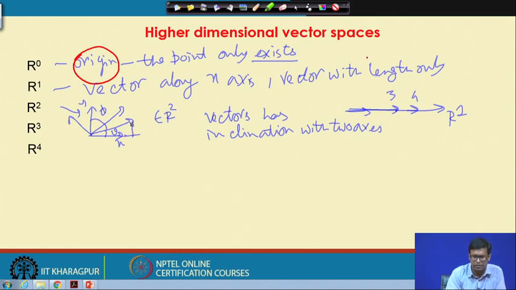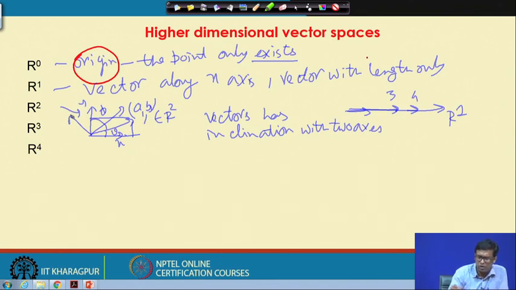We can get a length along the x axis, and we can also get a length along the y axis. We can express this vector as a 1, b 1, where a 1 is along the x axis and b 1 is along the y axis. So, the components required to express this vector are 2 when it belongs to R 2.